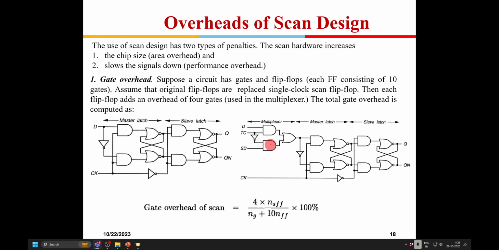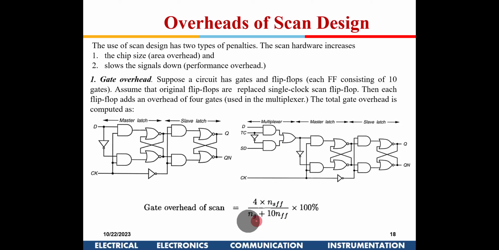In terms of the percentage gate overhead, it is the percentage of extra gates that come if we modify the normal flip-flop into a scan flip-flop.